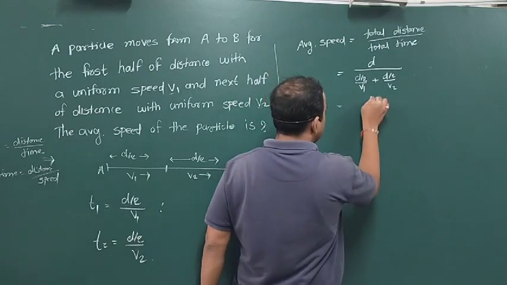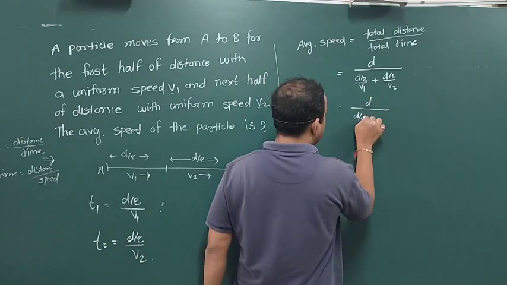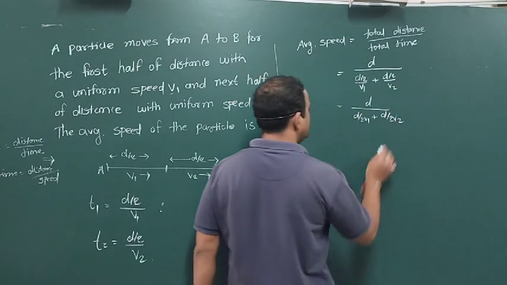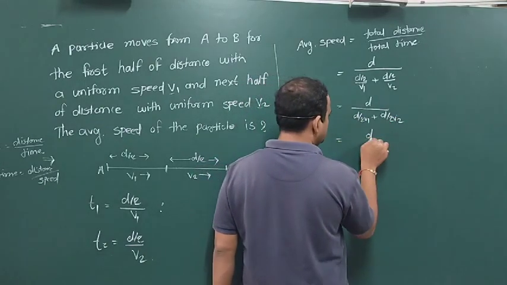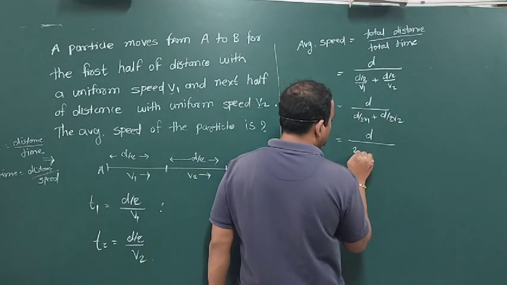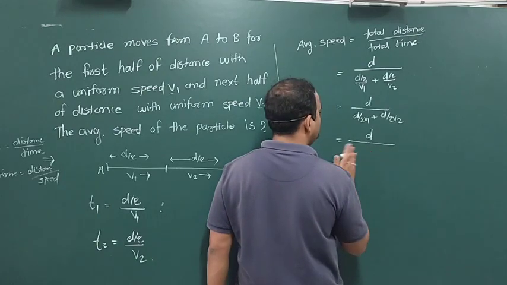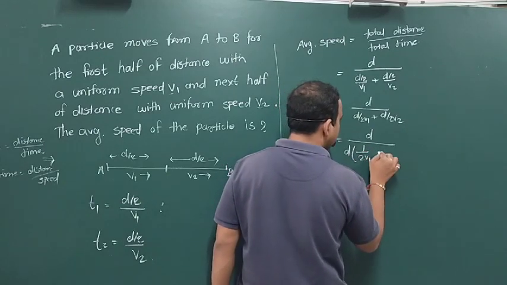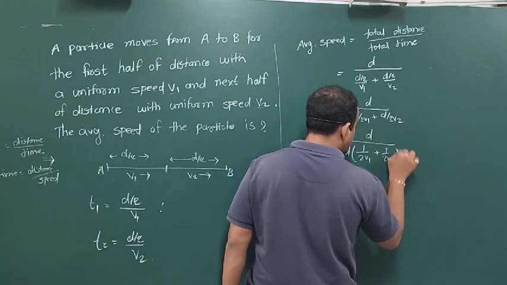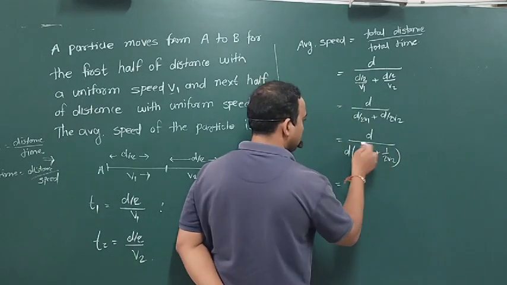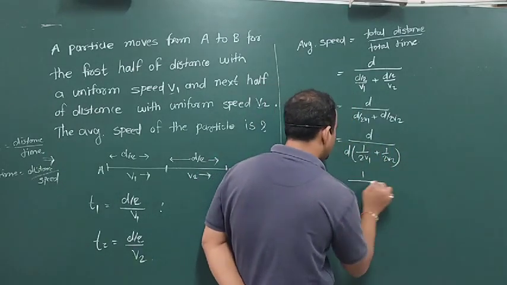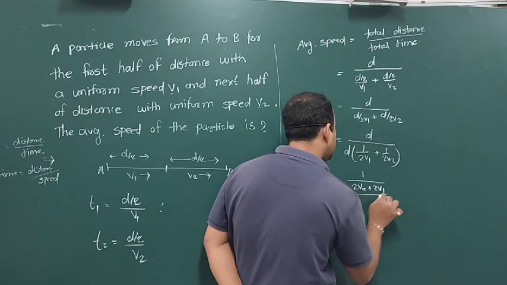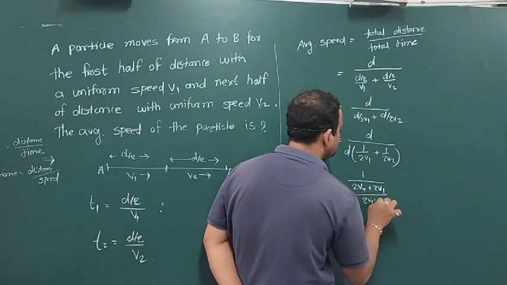So we get d upon d by 2 v1 plus d upon 2 v2. We take d common, so d into 1 upon 2 v1 plus 1 upon 2 v2. d and d get cancelled. So we get cross multiplication, so 1 upon 2 v2 plus 2 v1 upon 2 v1 into 2 v2.